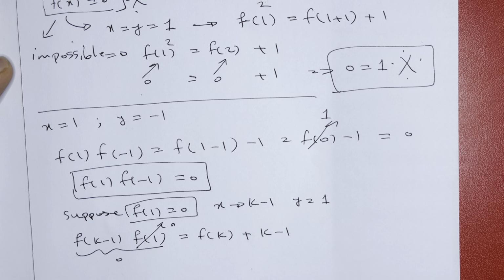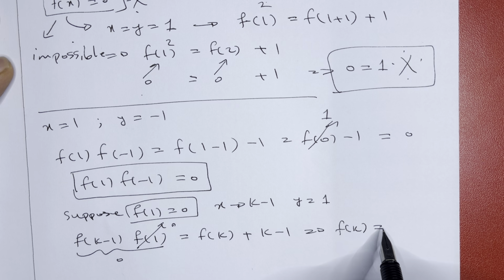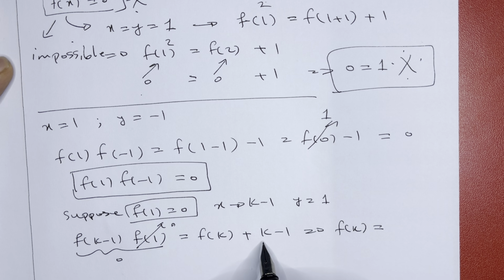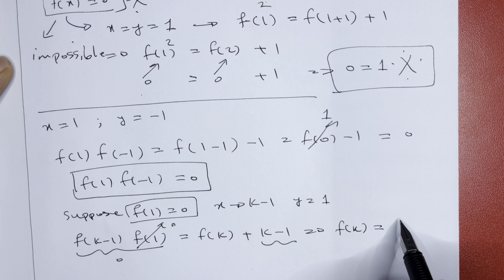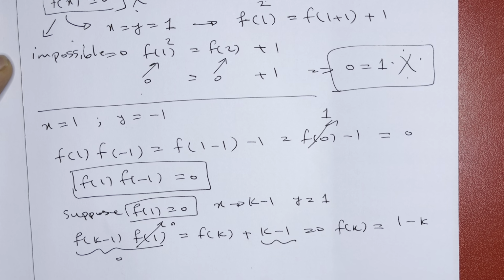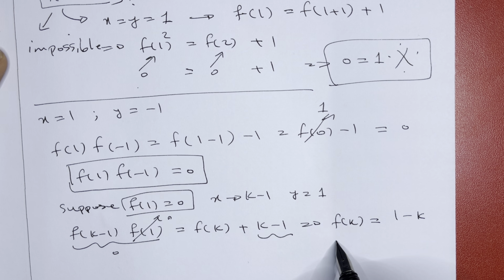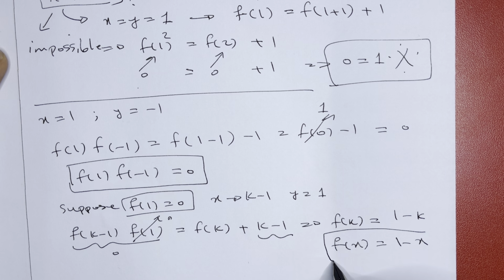And then what do we get? If you bring this to the other side, f(k) is 1 - k. Or you can put x instead of k, it doesn't matter. So f(x) is 1 - x.